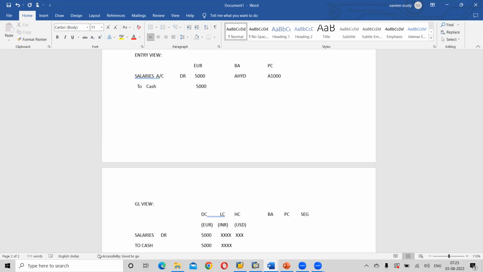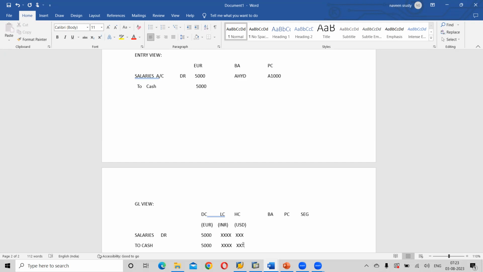Naveen, is the conversion taken care of by the SAP server, or do we have to do it? See, in real time we need not do it, but in this particular version the conversion rates we need to give manually. In real time, the system takes it automatically.